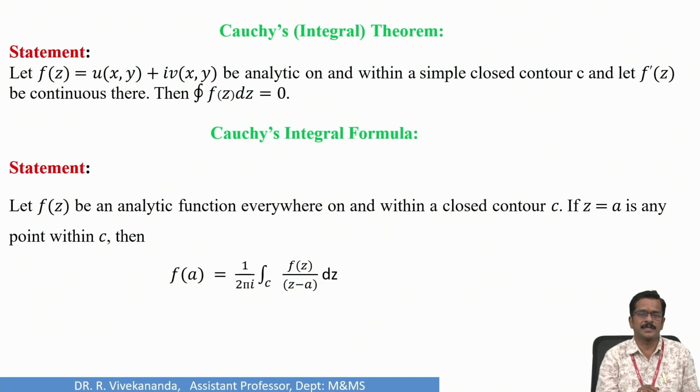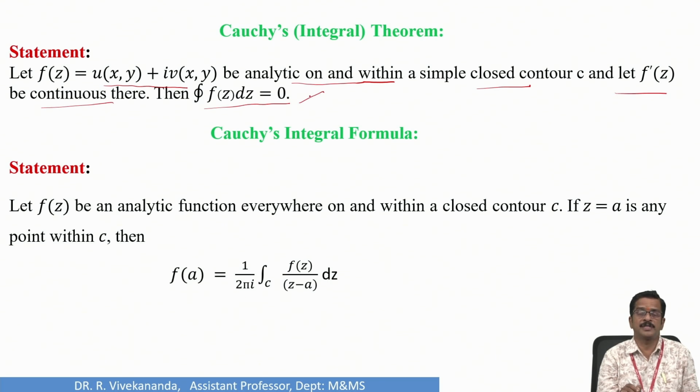Statement, Cauchy's integral theorem. Let f of z equals u plus iv be analytic within and on a simple closed curve C. Let f dash of z be continuous there. Then the integration of f of z is going to be 0. Cauchy's integral theorem says that if the function is analytic over the curve C, then the integration of that function is going to be 0.